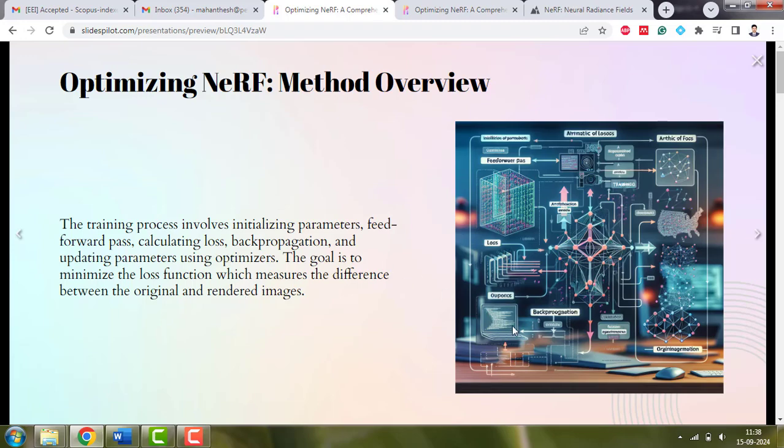Then we go back and update the parameters using optimizers. This is a typical machine learning step, but with a bit of modification based on the optimizers and machine learning technique. The goal is to minimize the loss function, which measures the difference between the original and rendered image. So this is the final goal.